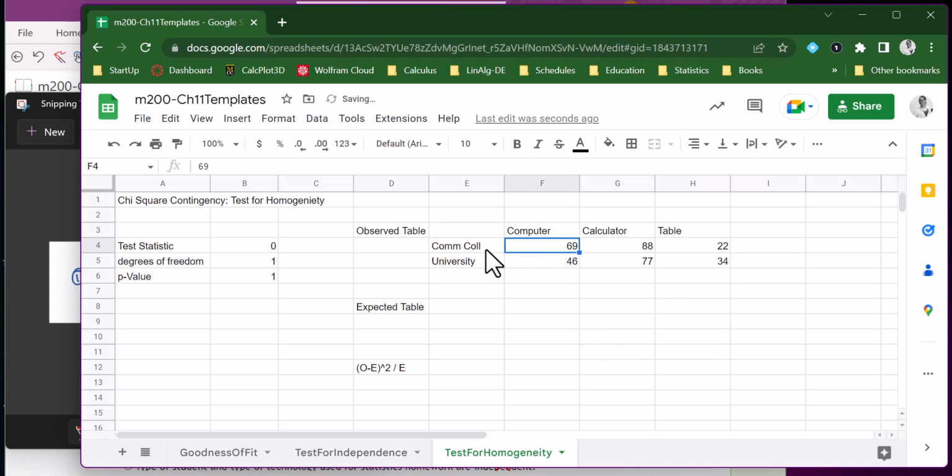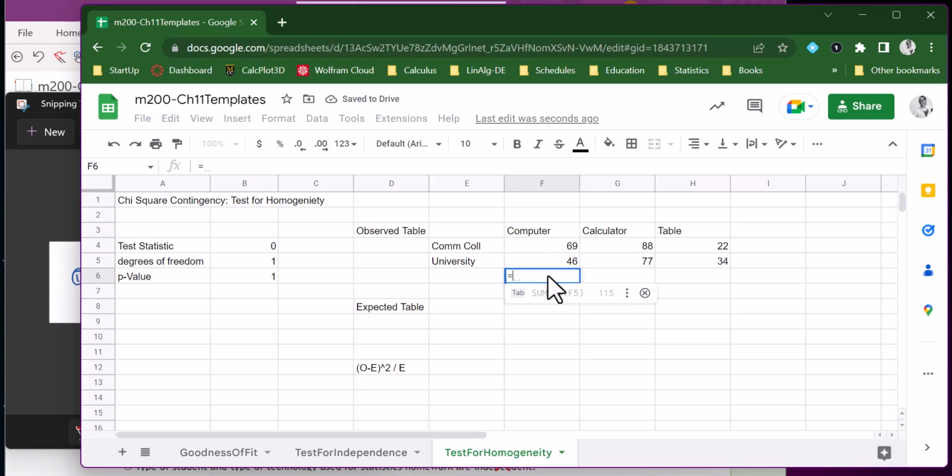Now we have our table here, and again we're going to need the row and column totals just like we did for the test for independence. So let's enter our column totals first. So equals, since there were just two things, we can just literally click on this and say plus this, or we can use the sum function.